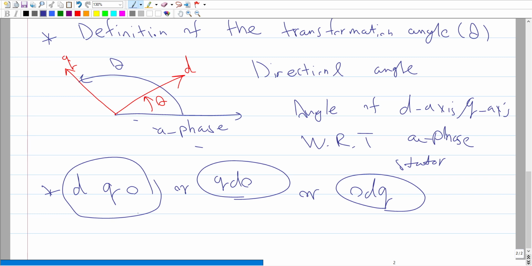Of course, you can have 6 patterns, 3 factorial, but these 3 are the most common. In the book by Professor Bimbahara, you have dq0. In the book by Professor Krauss and Chimun Ung, you have qd0. And in some old books, like the book by Professor Berger, you have 0dq.